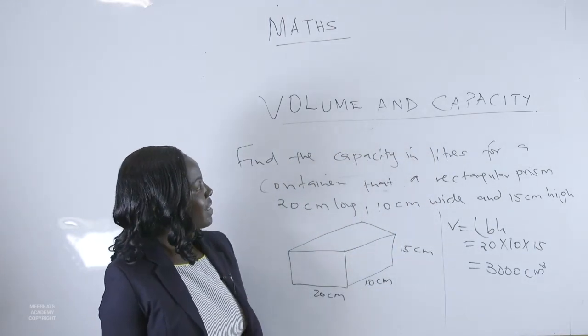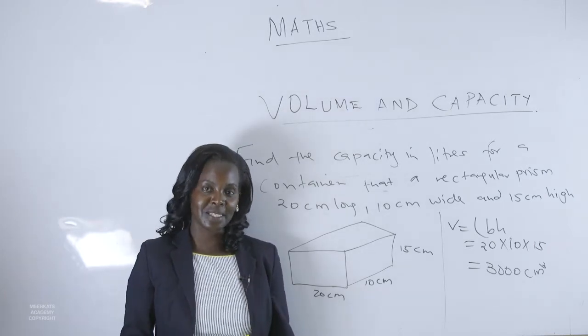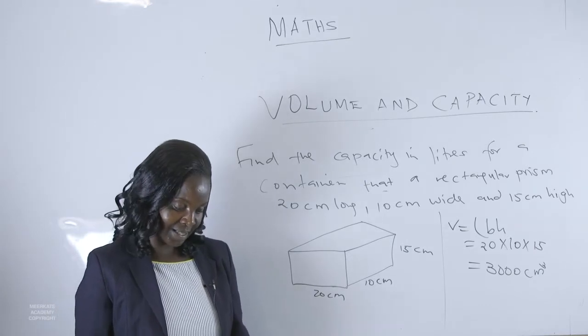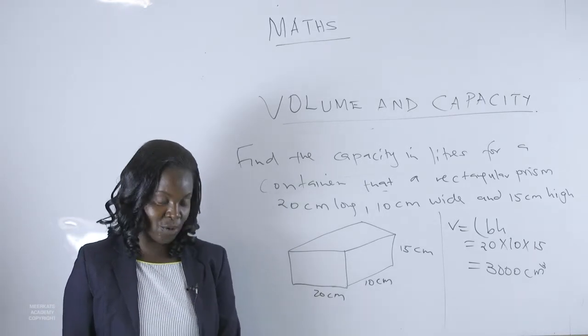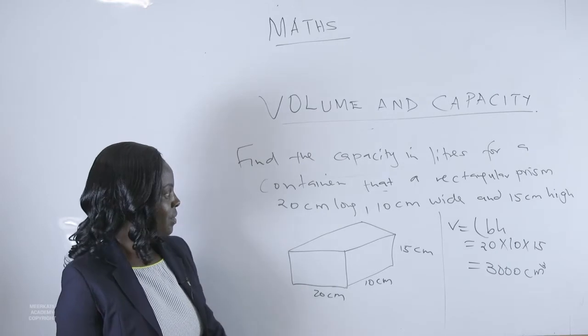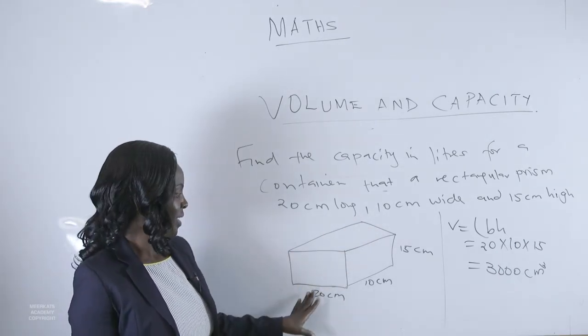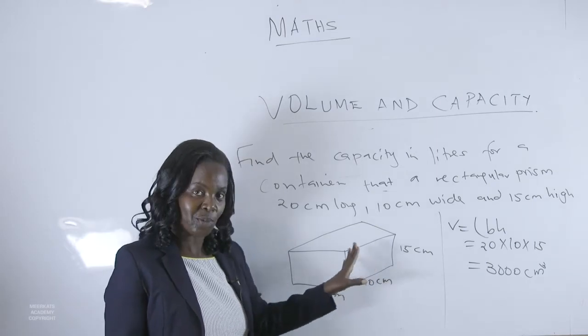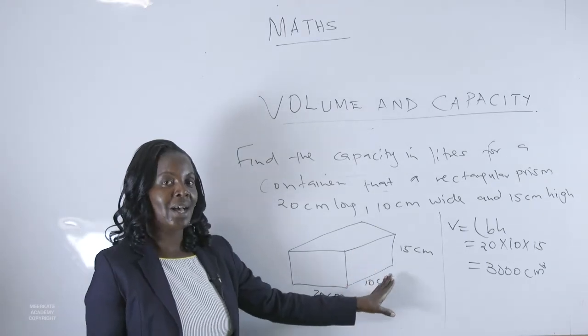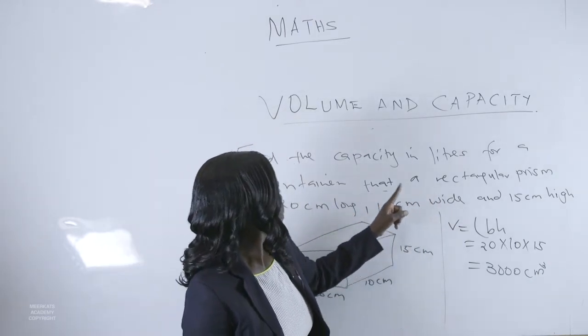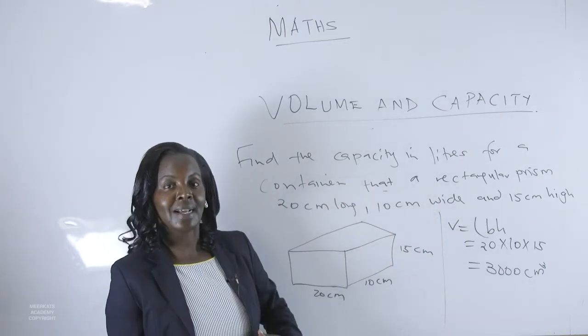We are told to calculate the capacity, and we have defined capacity to mean the volume of a fluid or a gas that a container can hold. So how do we get capacity? We get capacity by calculating the volume, using the formula of the volume. Remember, we are told to give the answer in liters.